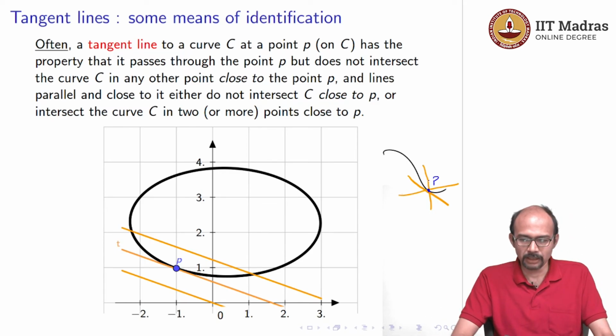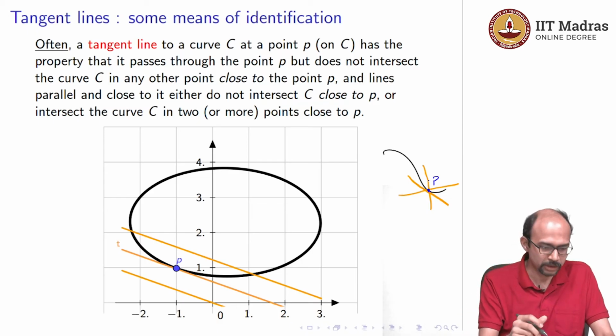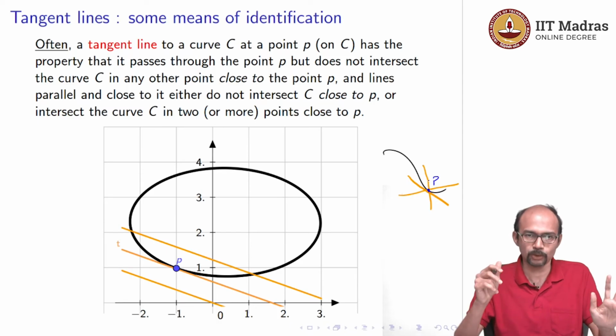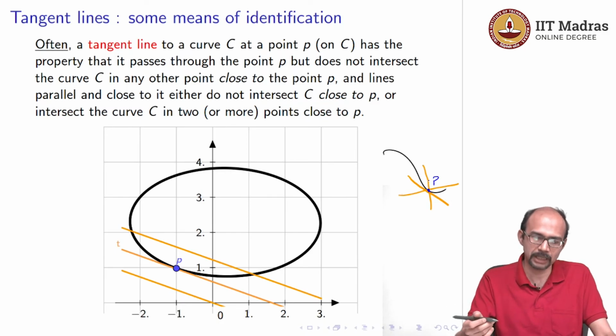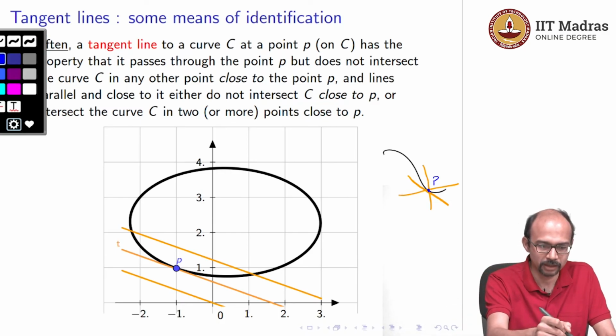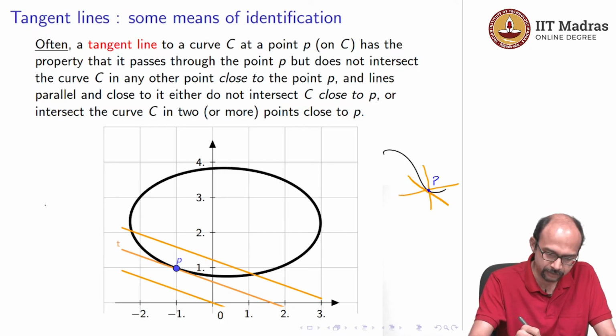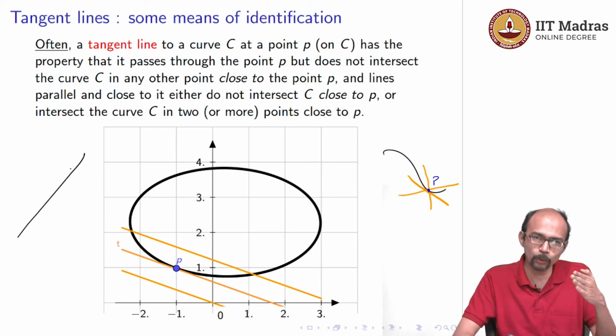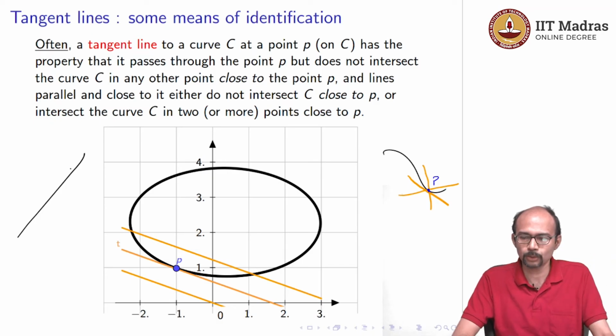Fine. And one more thing that I want to point out, which is why this "often" is in quotes. This slide is not true. If you take a line, remember the line is a curve. So, if you take this curve, what is a tangent line? It is the same line itself, but now if you move it a little bit, it will not intersect at all, on either side.